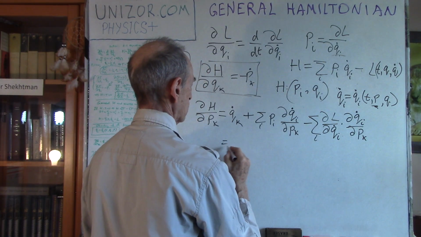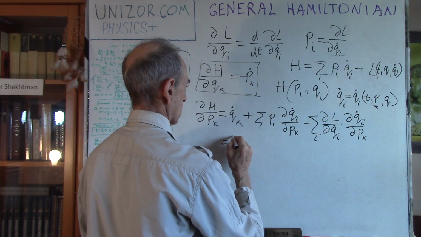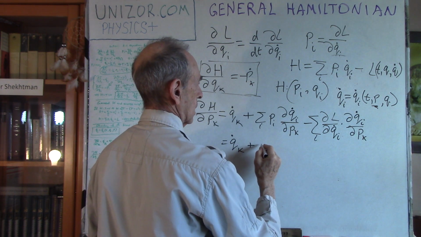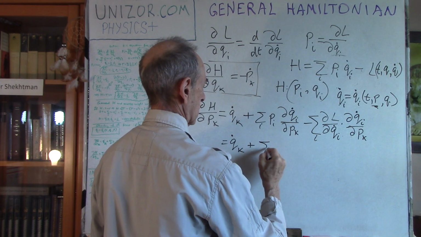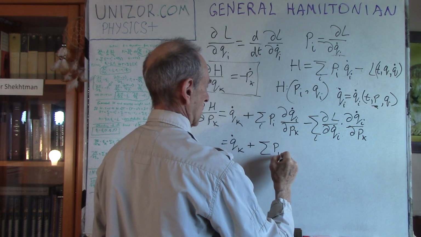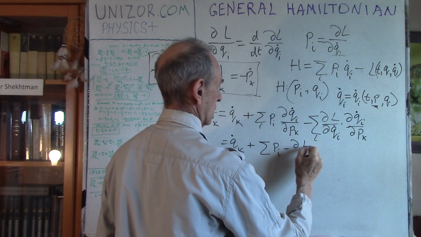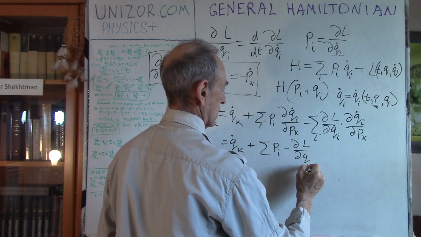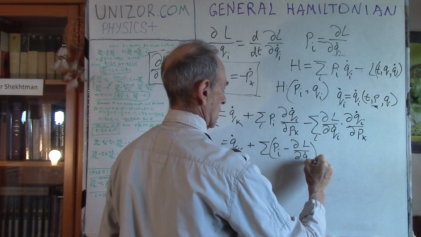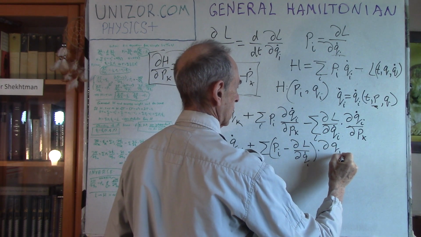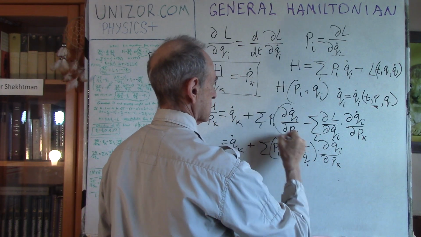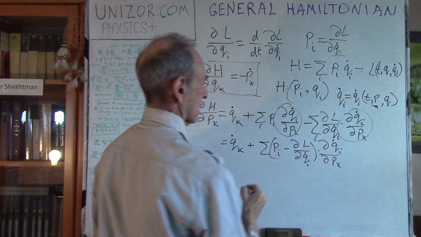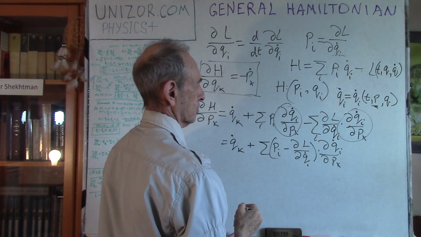Which is equal to qk dot plus sigma of pi minus dL by dqi dot times dqi dot by dpk. Right? This is dpk and this is dpk. It's a common multiplier.